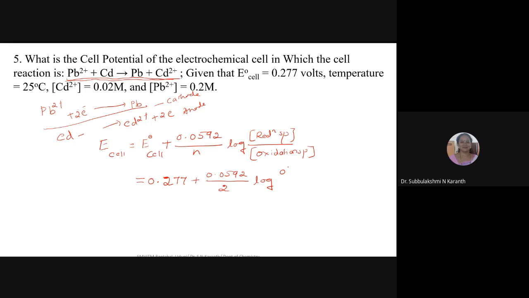Lead is the reduction species and cadmium is the oxidation species. So lead concentration is 0.2 divided by 0.02. Is it right? Clear?